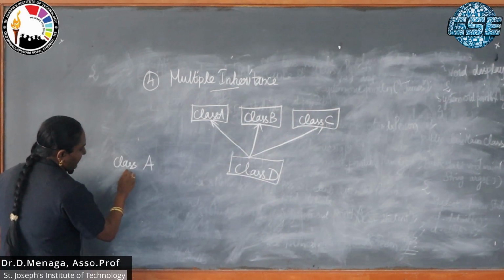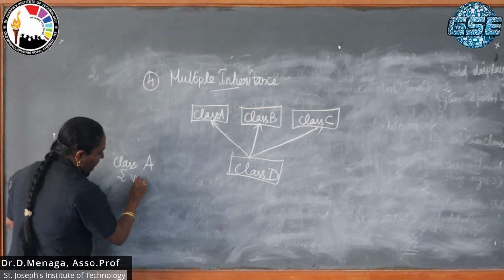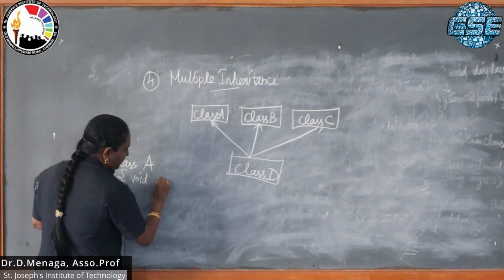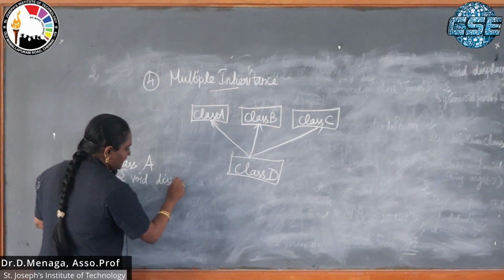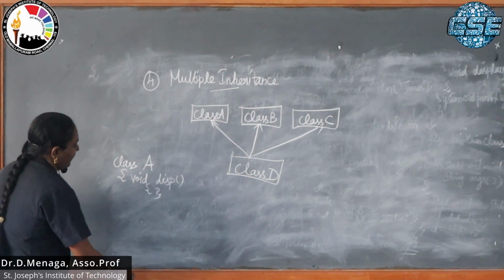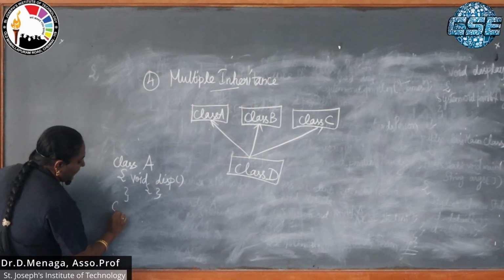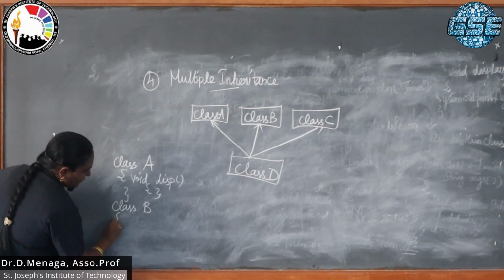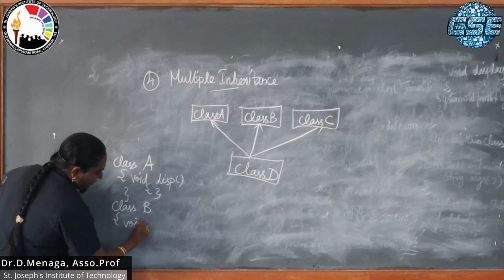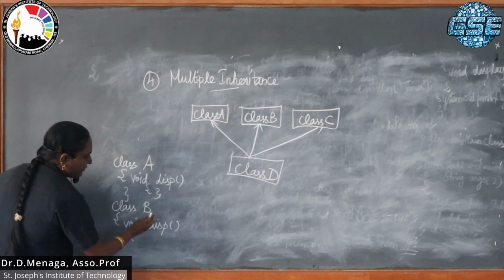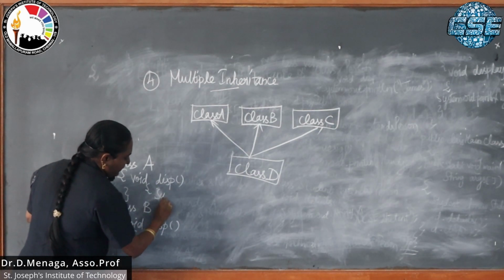class A. So in class A I have void display of method, okay, and then I have another class called class B. So in that also I have a method called void display of.